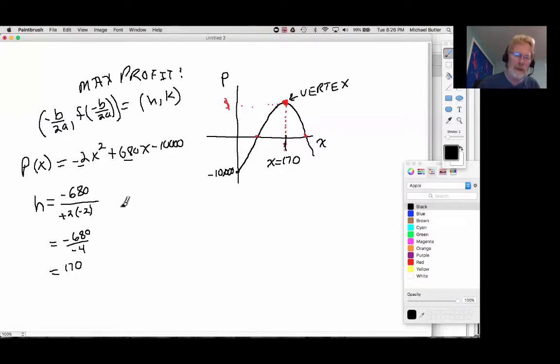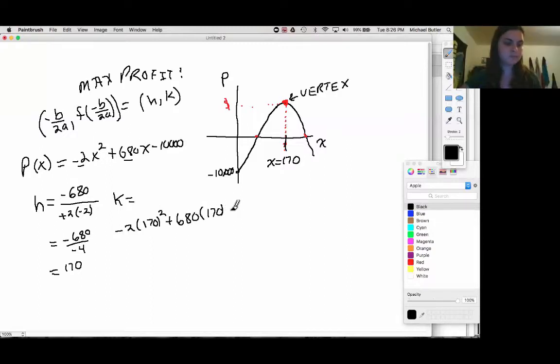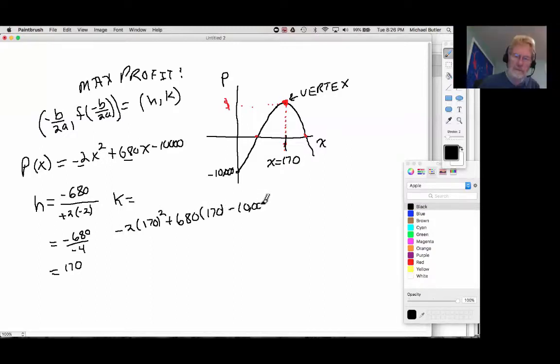What about k? To figure out k, this is really where you're going to need your calculator. To figure out k, part of the vertex, you take negative 2 times 170 squared plus 680 times 170 minus 10,000. Can you do that part for me?